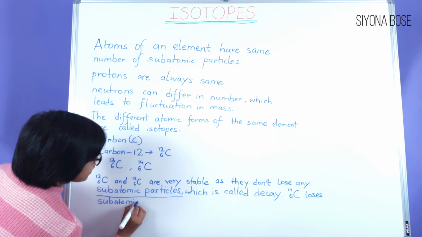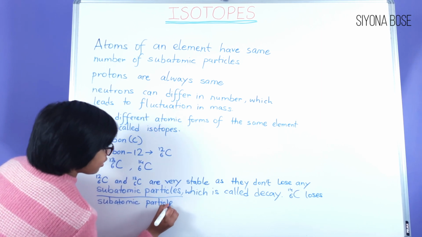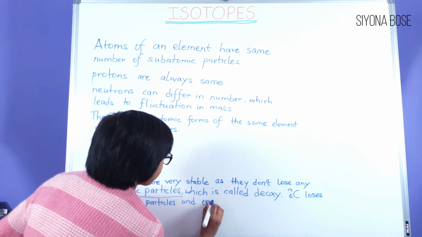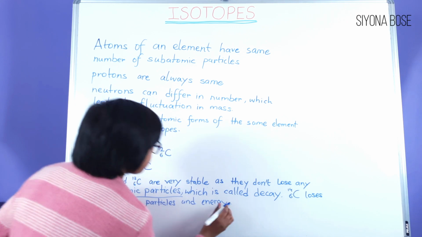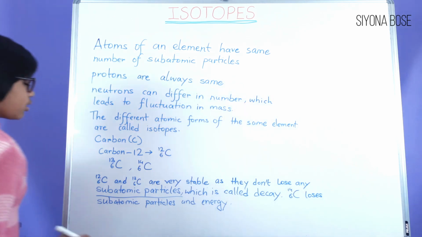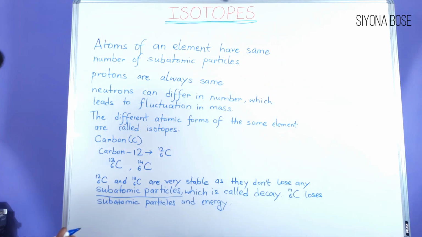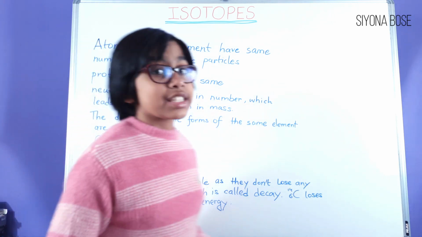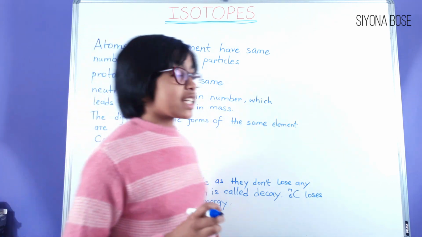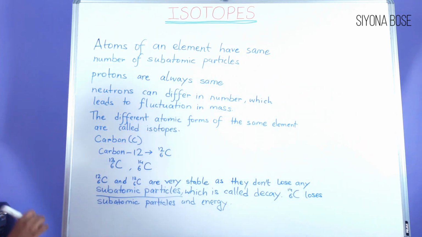If they decay, the decaying can also lead to another element getting formed from the decaying process. That's the reason why C14-6 is really unstable. That is the radioactive isotope.